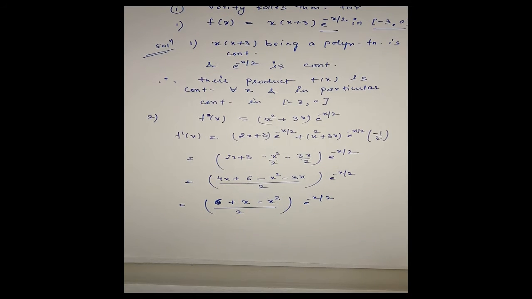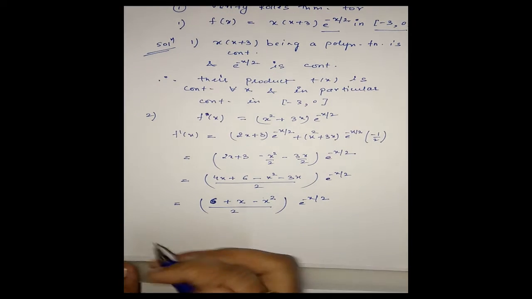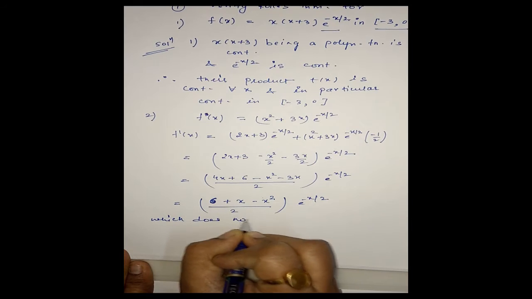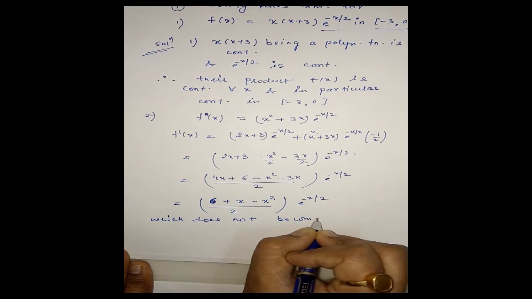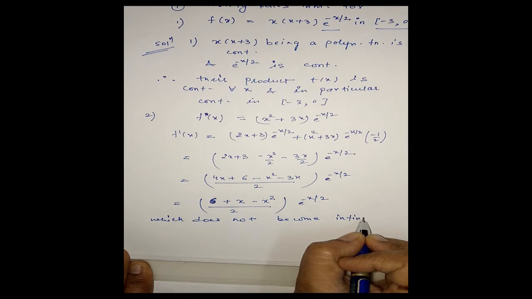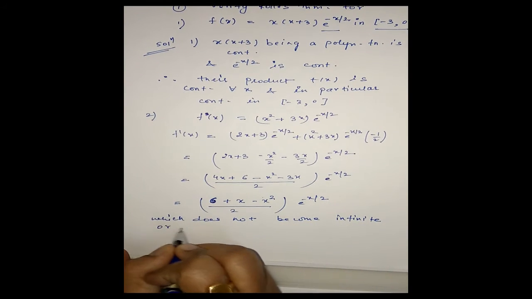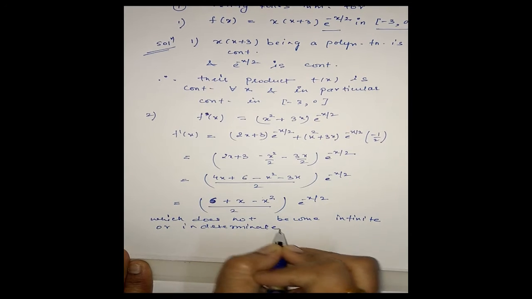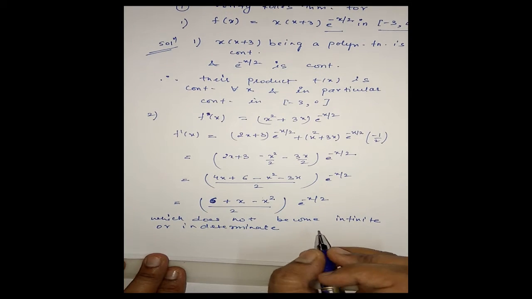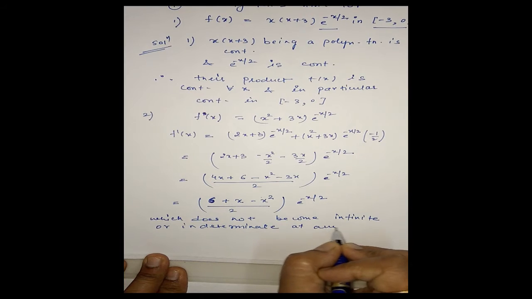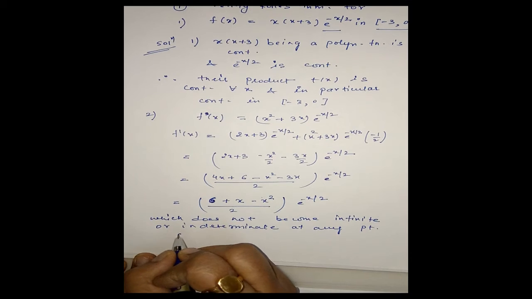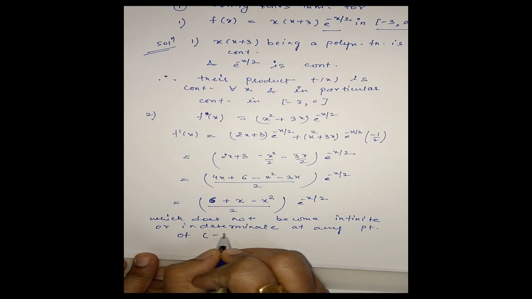Now it does not become infinite or indeterminate, meaning 0 by 0 or infinity by infinity form, at any point in the open interval (minus 3, 0).